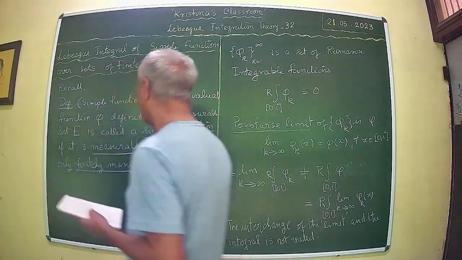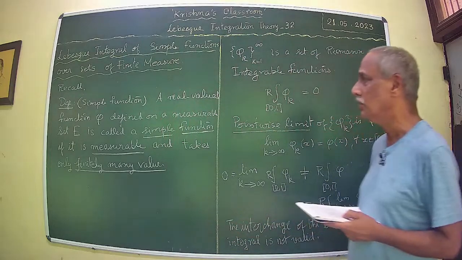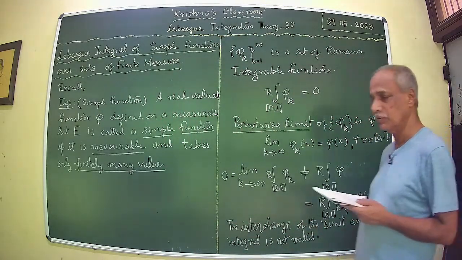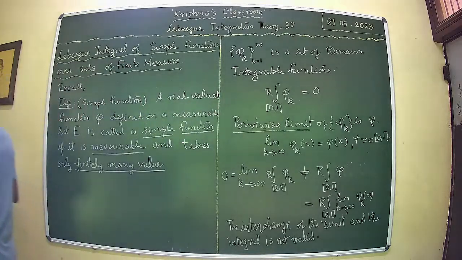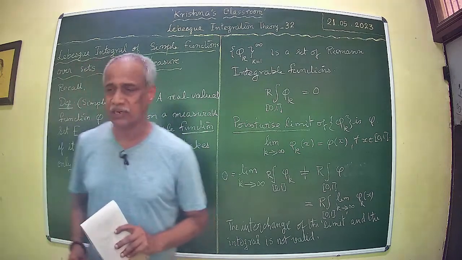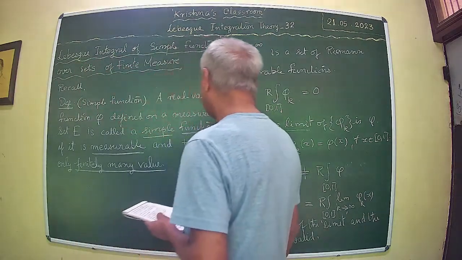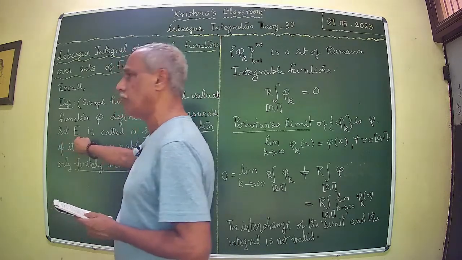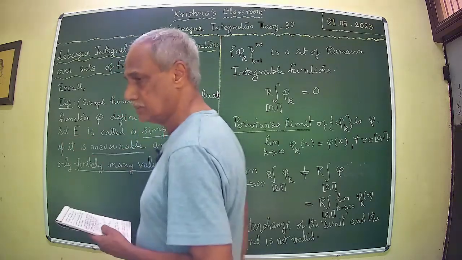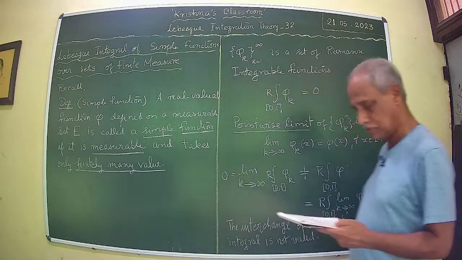These are the three requirements that you need for a function to be called a simple function. So, we define the Lebesgue integral for simple functions defined on measurable sets of finite measure to begin with. Later we will go on to generalize.